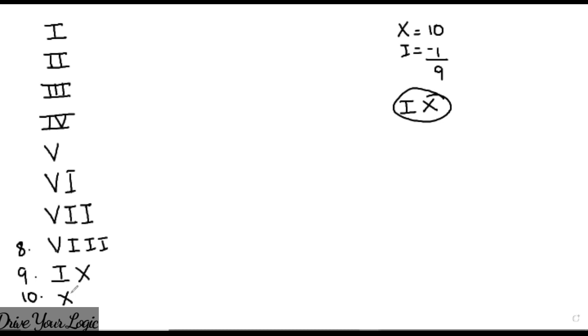So 9 and then 10. The basic way of writing all numbers from 1 to 100 is that you have to remember 1 to 9.